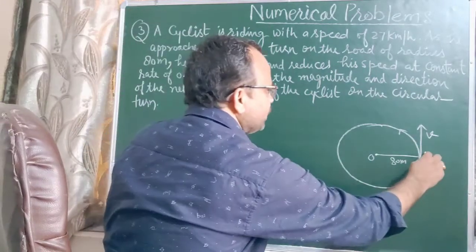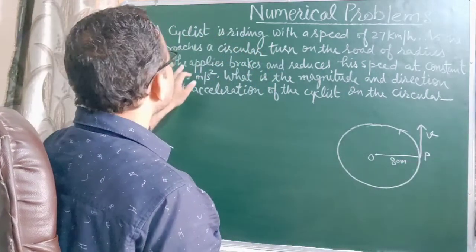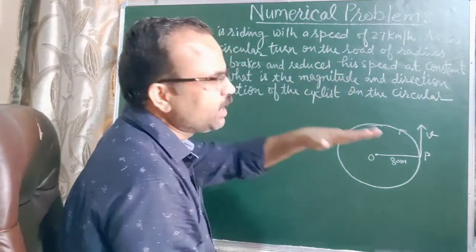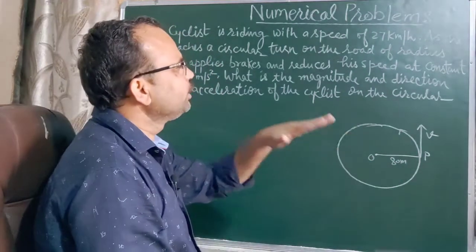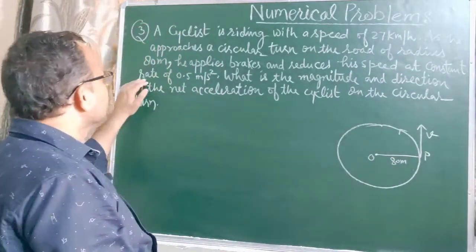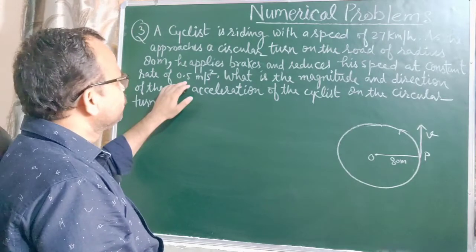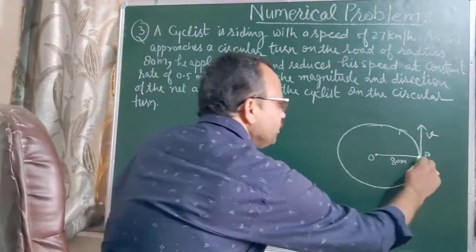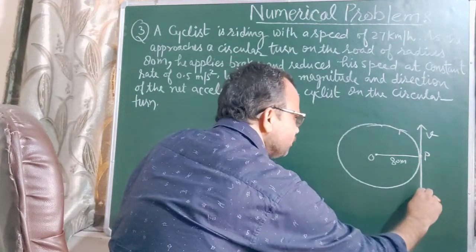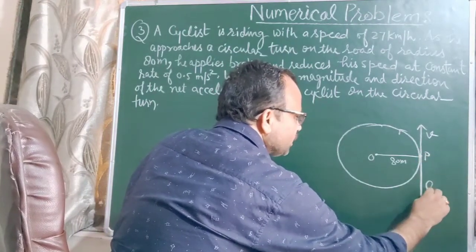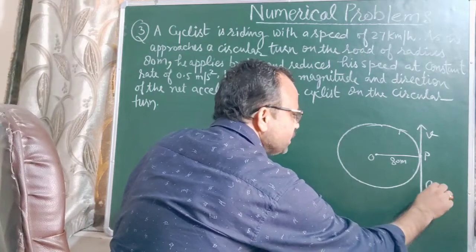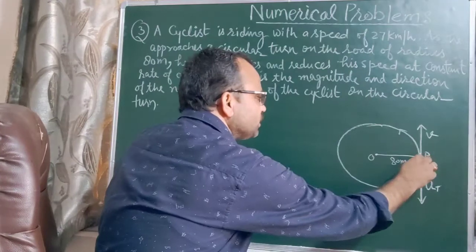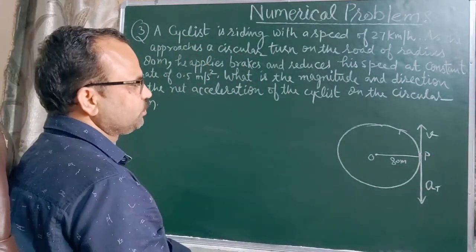Okay. Now at this point P, he applies the brake and reduces his speed. So when he applies the brake, the speed of the cyclist reduces, and retardation is produced at the rate of 0.5 meter per second square. The retardation is opposite to the direction of velocity, meaning retardation will be in this direction. So this retardation is known as tangential, because it acts along the tangent. So the name of this acceleration is tangential acceleration.